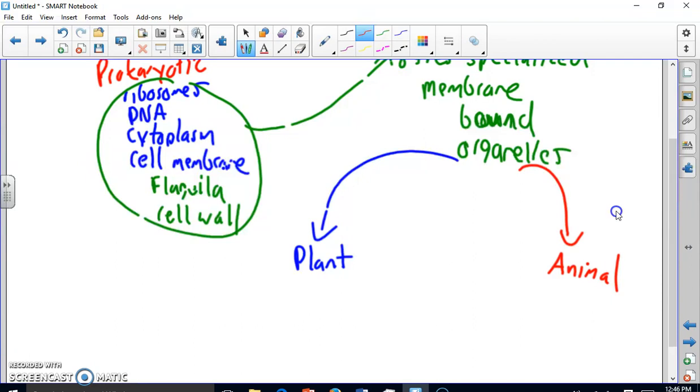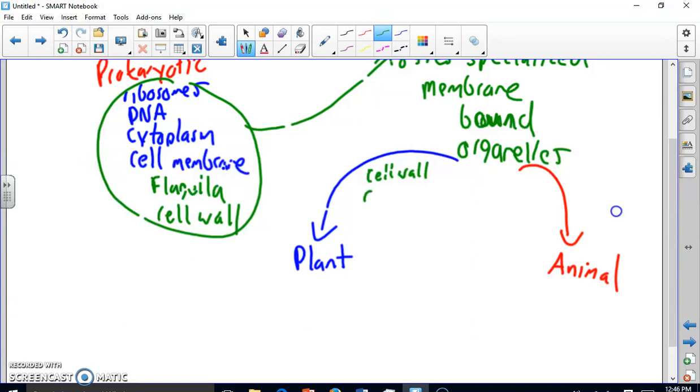Now, there are three organelles that are unique to the plant. We have the cell wall, which you should know functions to protect the plant. It's made out of cellulose. If you remember, we can't digest cellulose, but the cell wall is made out of cellulose.